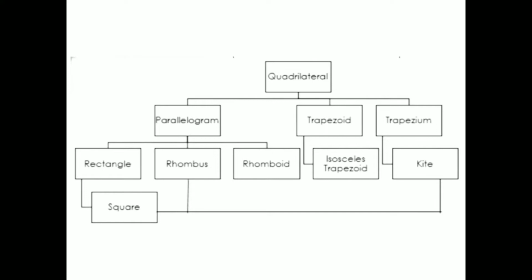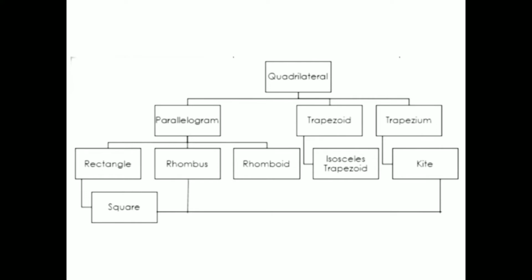Doon sa under ng parallelogram is yung rectangle, rhombus, and rhomboid. Since siya ay nasa baba ng parallelogram, yung mga properties na meron ang mga four-sided polygon na ito, yung rectangle, rhombus, rhomboid, is merong existing properties din doon sa ating parallelogram. And then under nung rectangle and rhombus is yung tinatawag nating square.